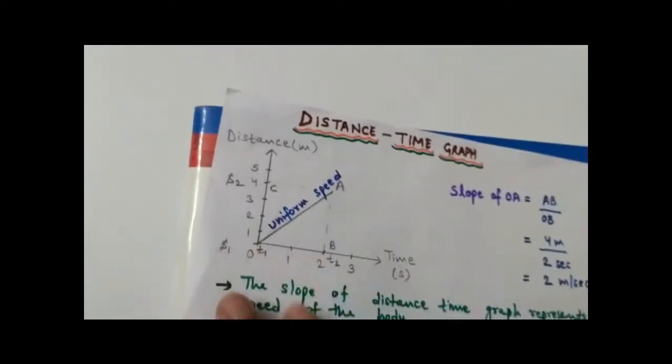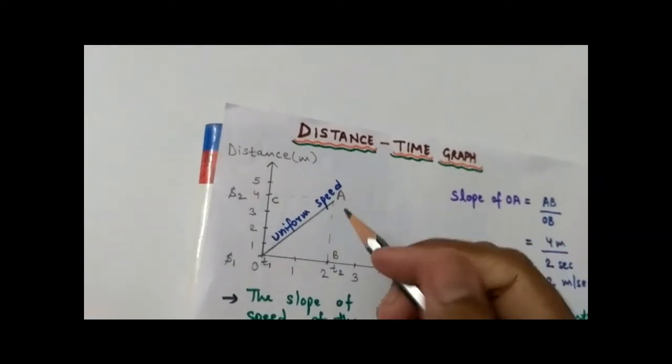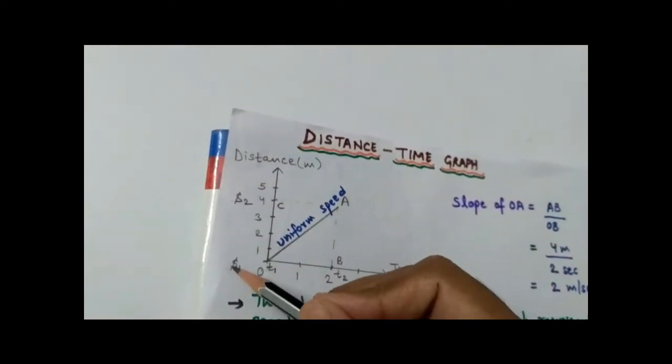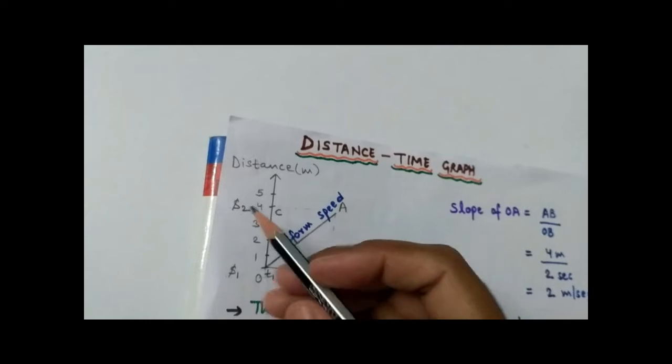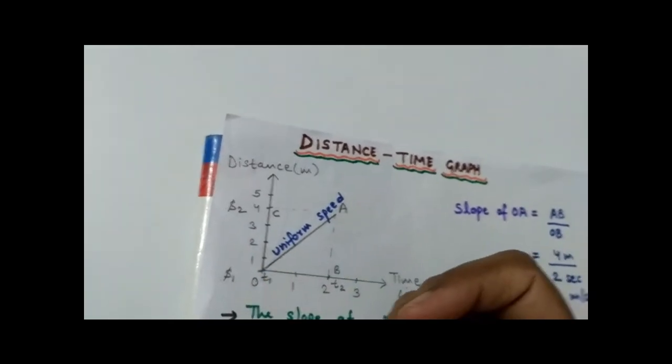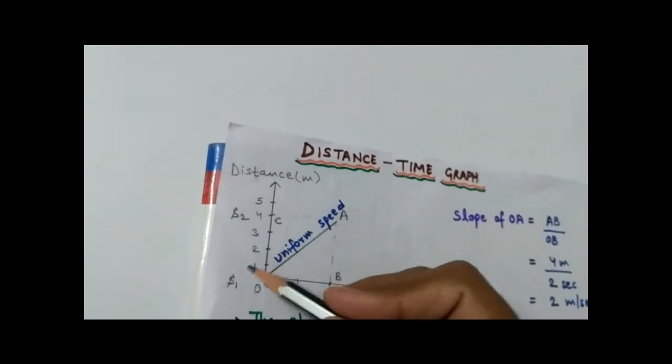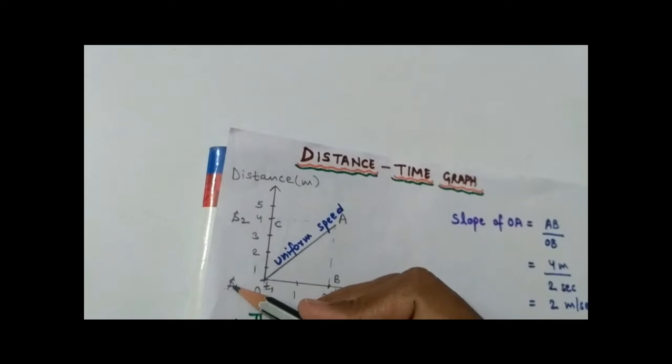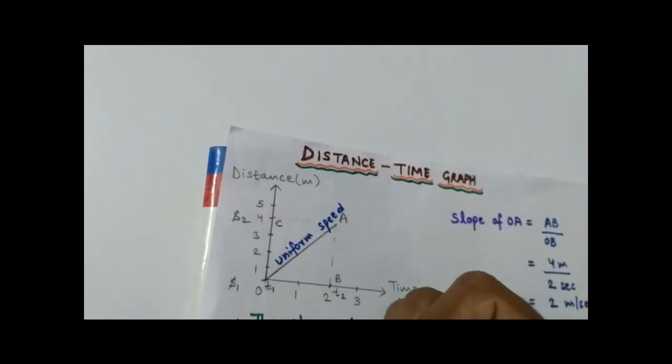So this S1 is the initial position where the object was at the beginning, and S2 is the final position. So the object has traveled from S1 position to S2 position.